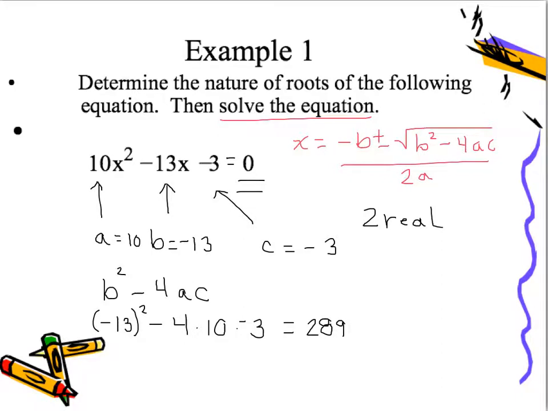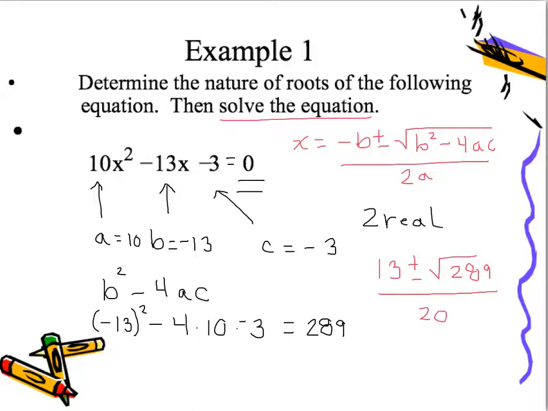We already know the discriminant. So we'll have negative b, which will be positive 13, because like we said in class today, negative just means opposite, plus or minus the square root of that discriminant, which is 289, all over 2 times a, which would be 2 times 10, or 20.